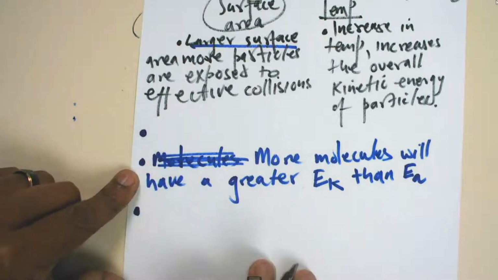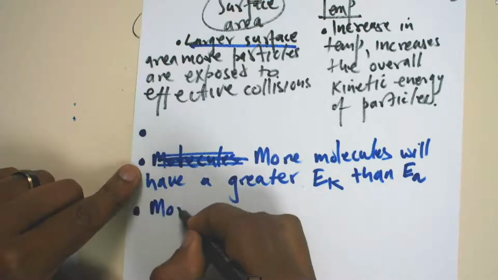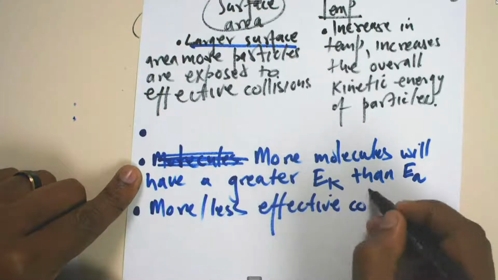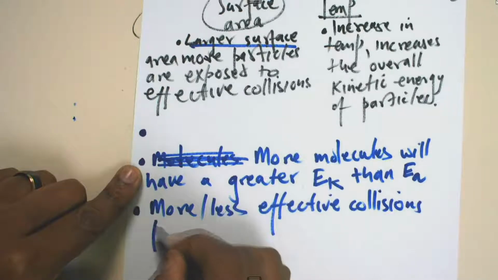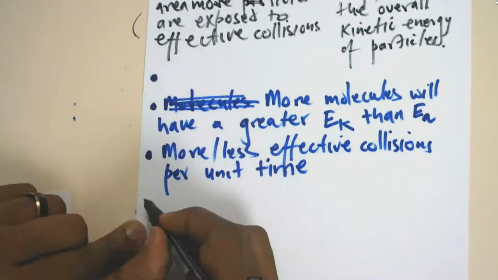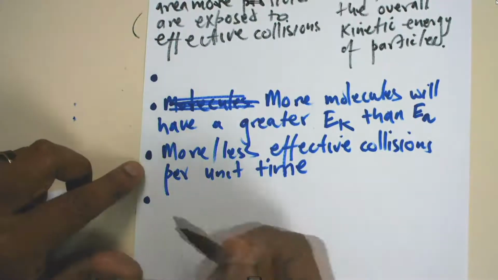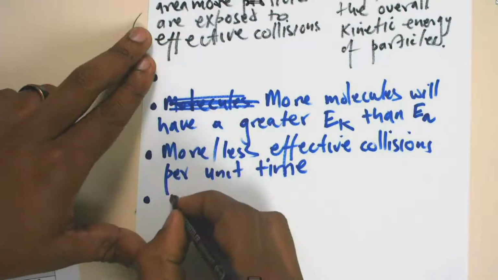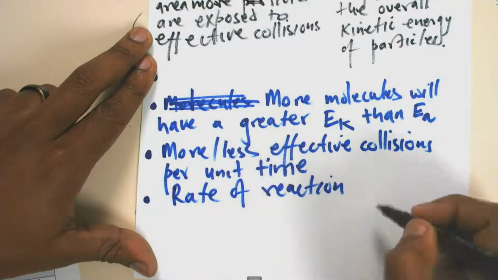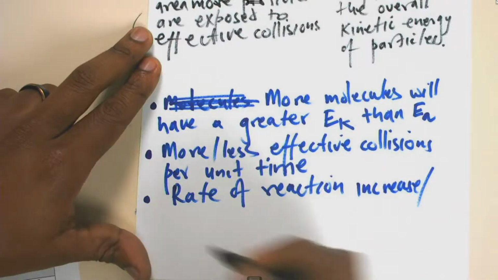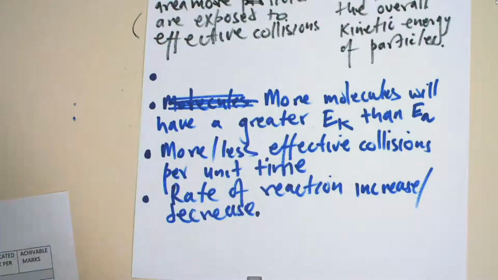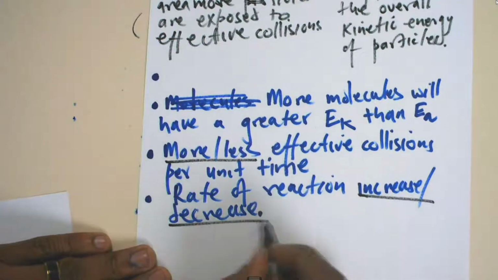Bullet number 3, I am looking at saying more or less effective collisions per unit time. Finally, I must conclude to say the rate of reaction increases or even decreases. So it becomes an easy way of just choosing which one is relevant.